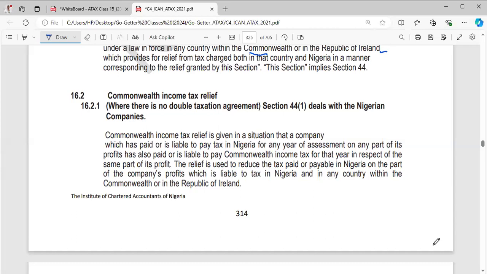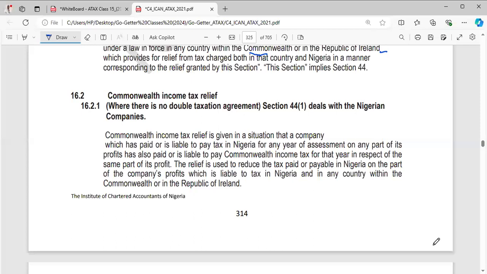So it means that in a particular year of assessment, let's say company XYZ is paying tax in the United States of America on that income in year of assessment 2023, and is also going to pay tax on the same income in the year of assessment 2023.